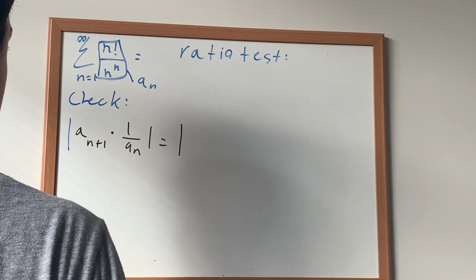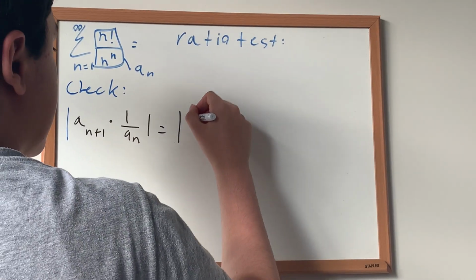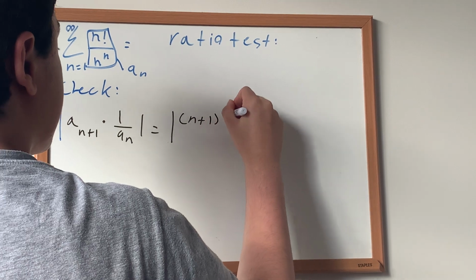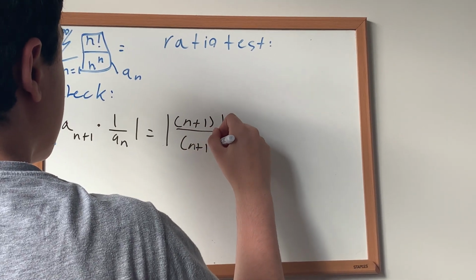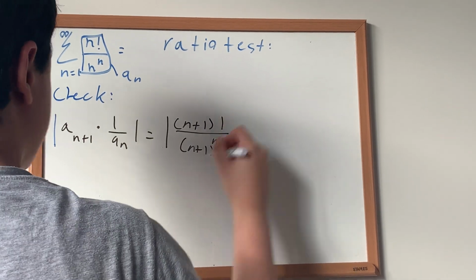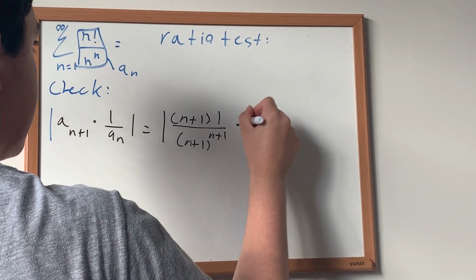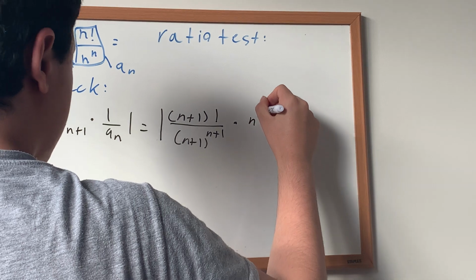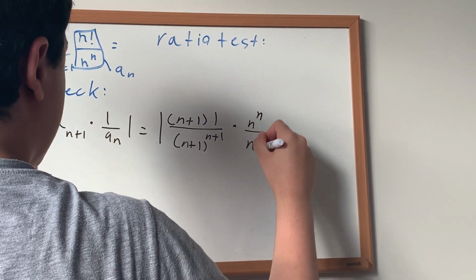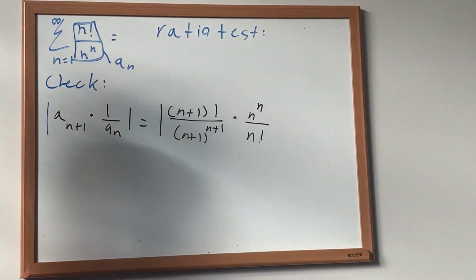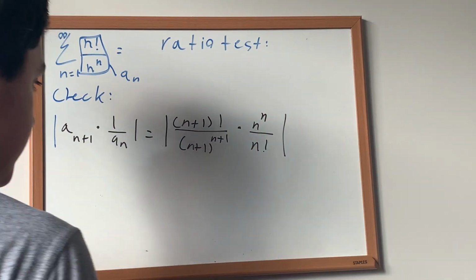A sub n plus 1 is just this. So we get n plus 1 factorial over n plus 1 to the power of n plus 1, and then multiplied by the reciprocal, which is n to the power of n over n factorial.